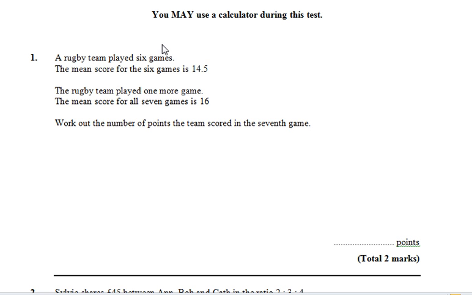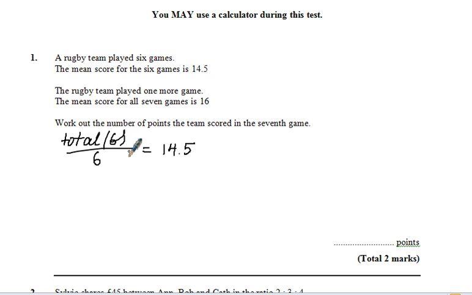So what we can read from the first paragraph is that the mean for 6 numbers, which were scores in those 6 games, was 14.5. So if I add all the 6 numbers, then I would say total for 6 games divided by 6 is going to be 14.5.